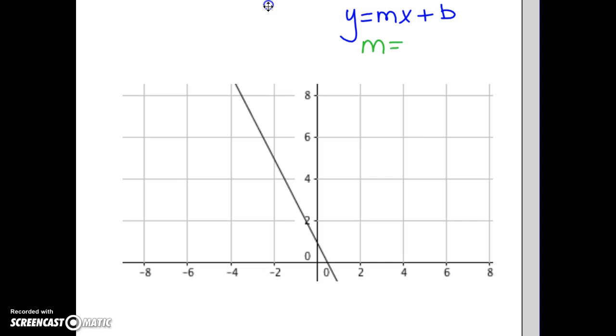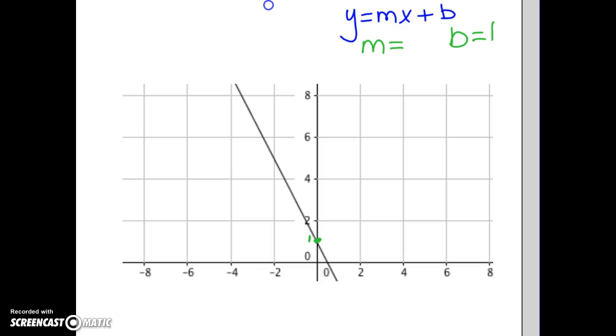So m equals and b equals. Okay. The b, of course, is where I cross my y-axis. I do see that I crossed my y-axis right here at 1. So b is 1.